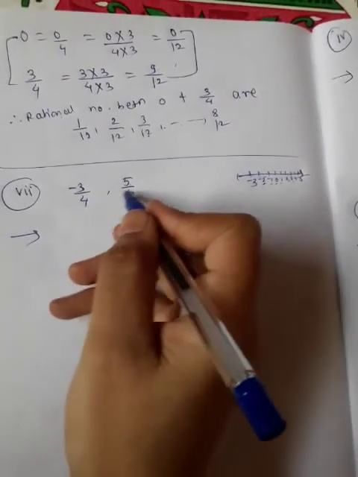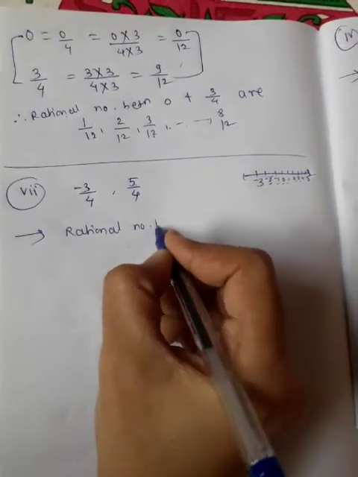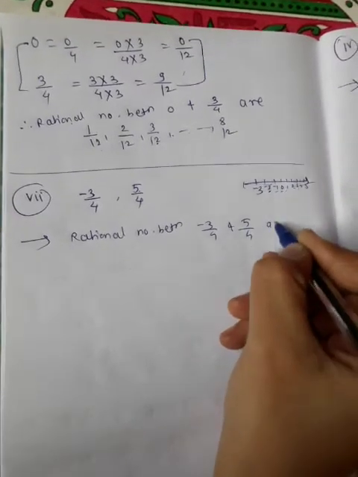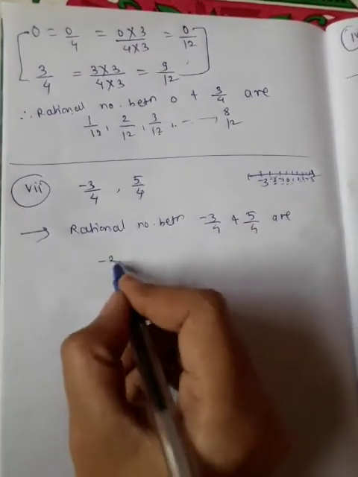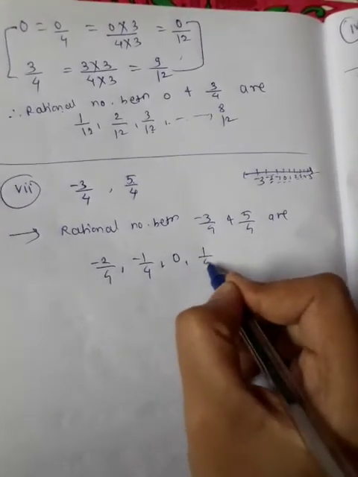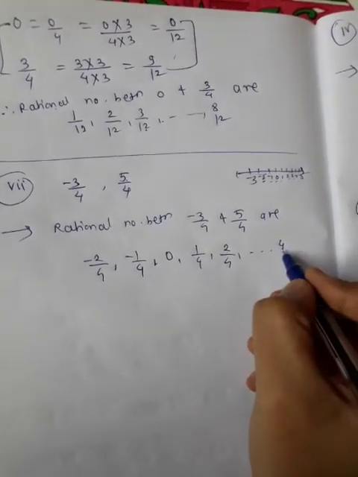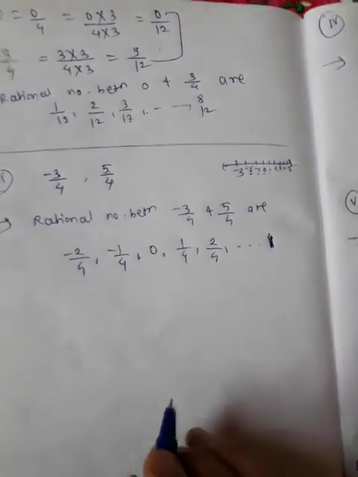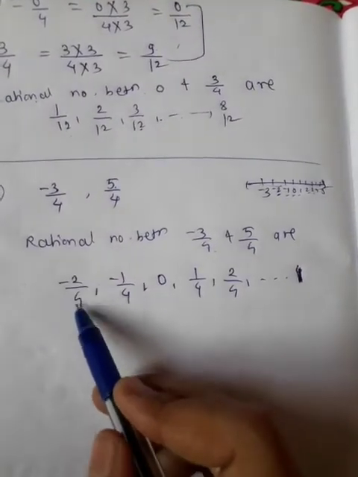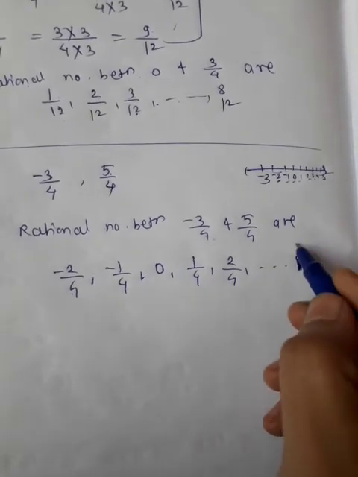So there are 7 rational numbers between these two. The rational numbers between minus 3 by 4 and 5 by 4 are minus 2 by 4, minus 1 by 4, 0, 1 by 4, 2 by 4, and so on up to 4 by 4, which is nothing but 1.